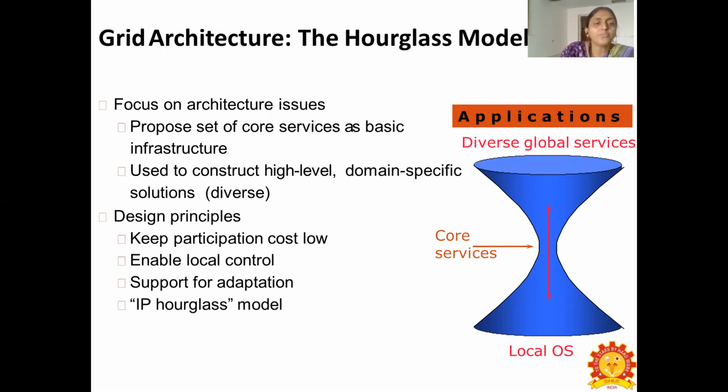And this is used for design principles which keep participation cost low, and this also enables local control and support for adaptation. And here the IP hourglass model is also given, where we can see the diverse global services involved, and here the core services are also present, and the local OS which is going to interact with the user is also involved.